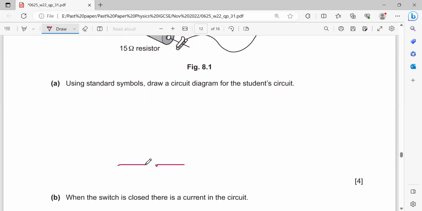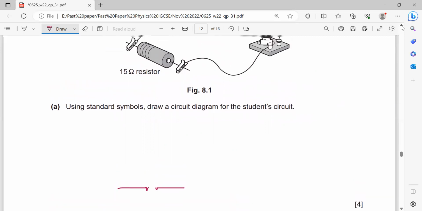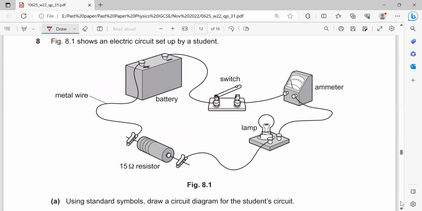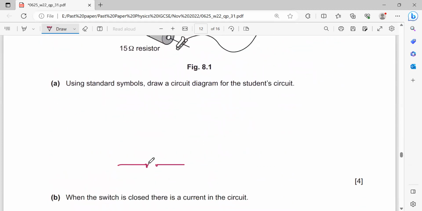We need to check which pole is negative and which is positive. This one is the negative pole, and this one is the positive pole.